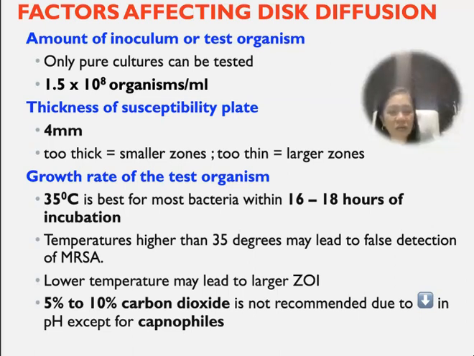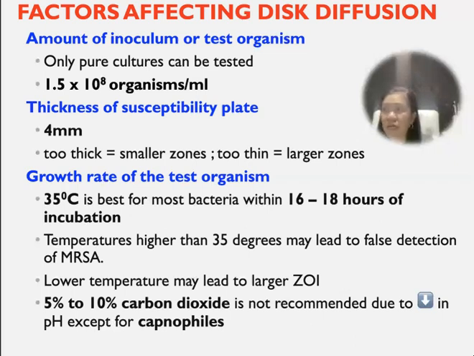So, if kailangan sila, no? Kailangan yung carbon dioxide kasi capnophiles, dun lang tayo maglalagay ng 5 to 10% increase in carbon dioxide. Pag hindi naman siya capnophile, wag mong lalagyan. Why? The excess carbon dioxide will decrease, no, the pH.